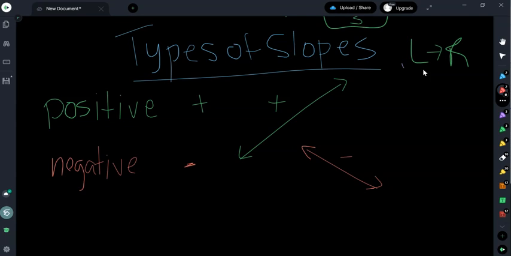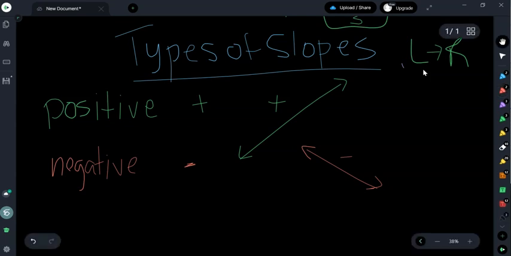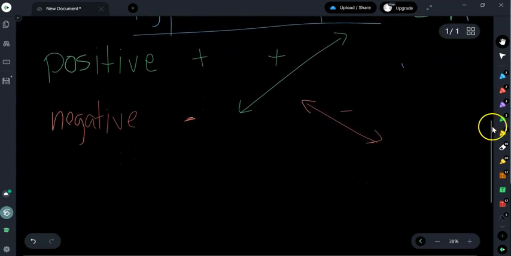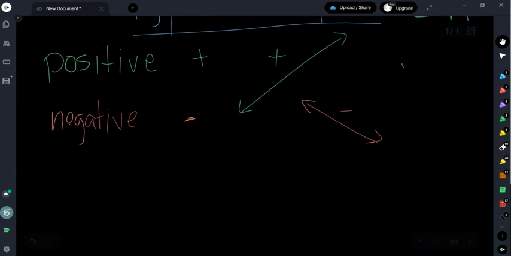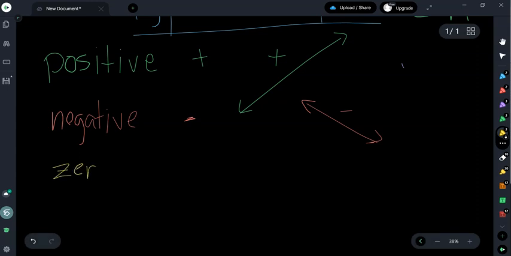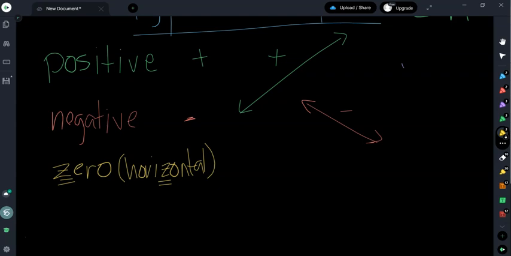There are, however, two more types of slopes that you will actually see when you are talking about algebraic representations. The next one is called the zero slope. Now look at that letter Z. That is when you have a horizontal line. You do not call it a horizontal slope. It is just indicated when you have a horizontal line. I'm giving you that little memory tool. The Z means 0.